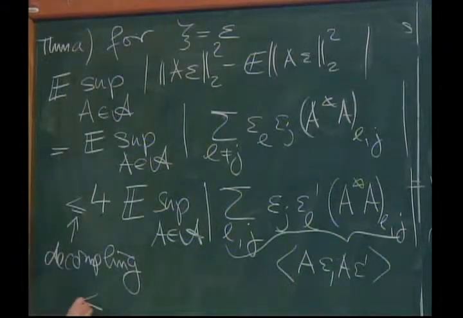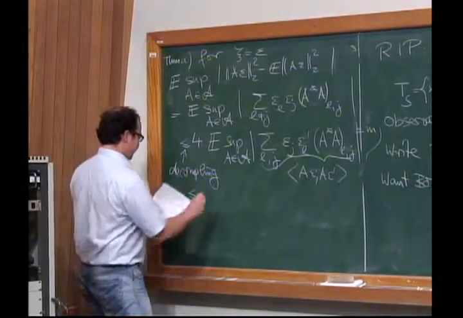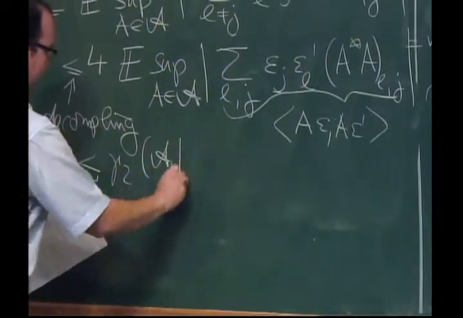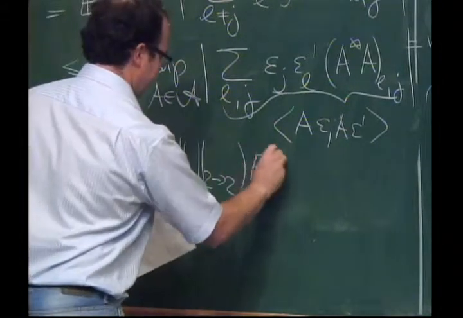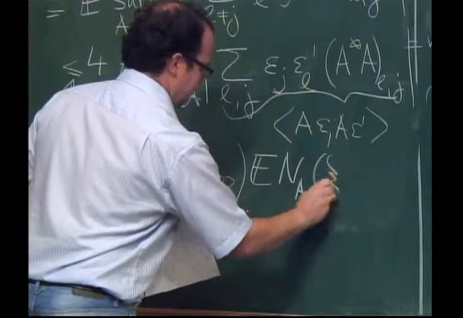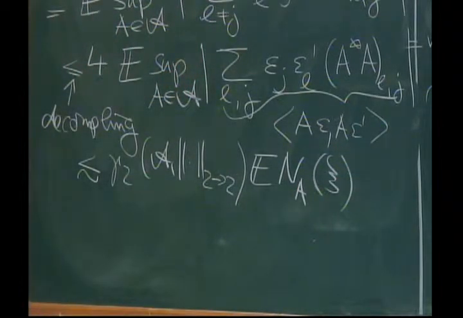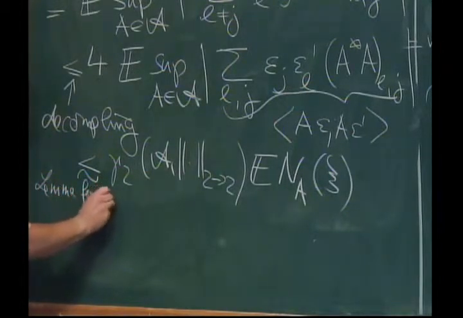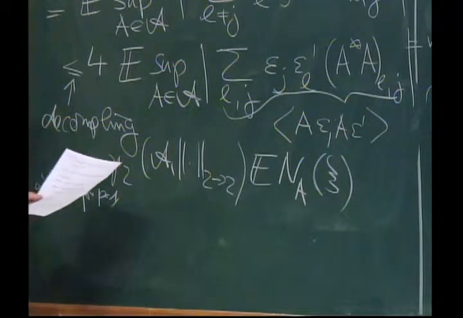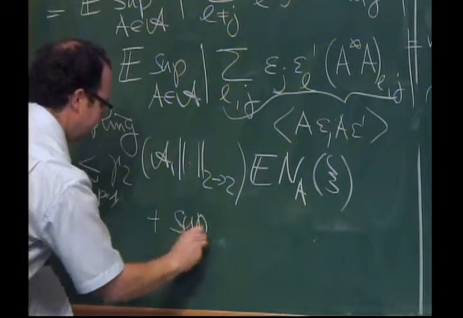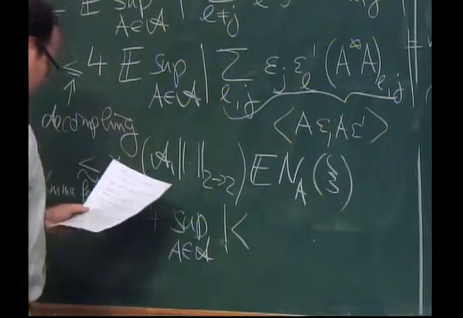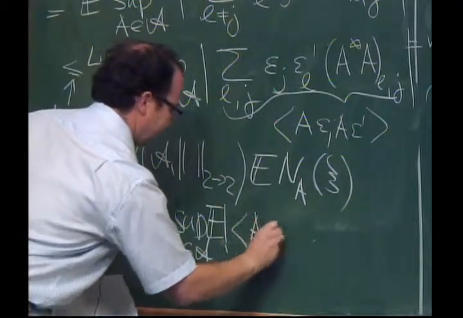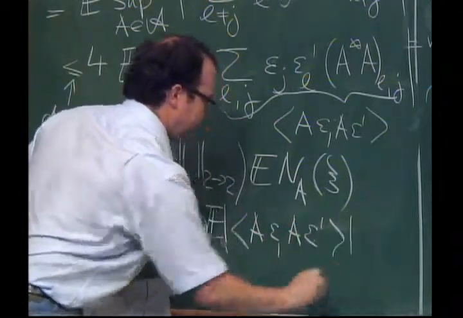So we can bound this by the gamma 2 functional times this. So we apply the lemma for p equals 1. Plus the supremum over A in A of the expectation of A epsilon with A epsilon prime.